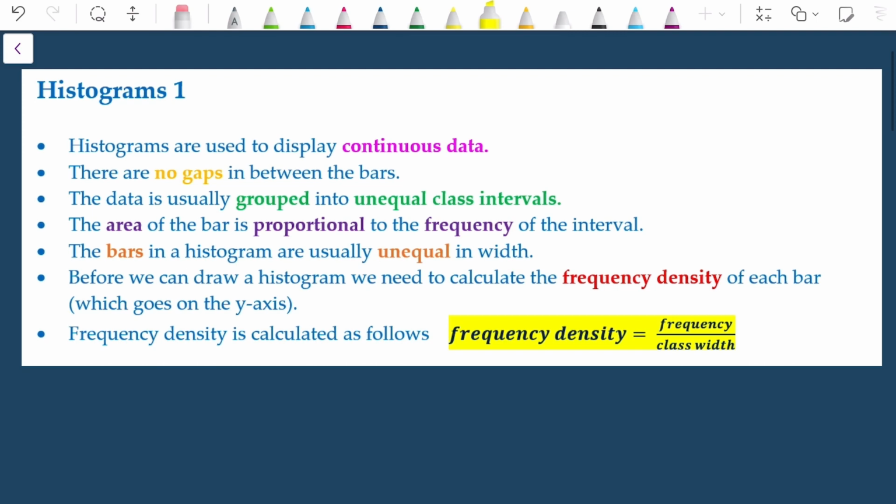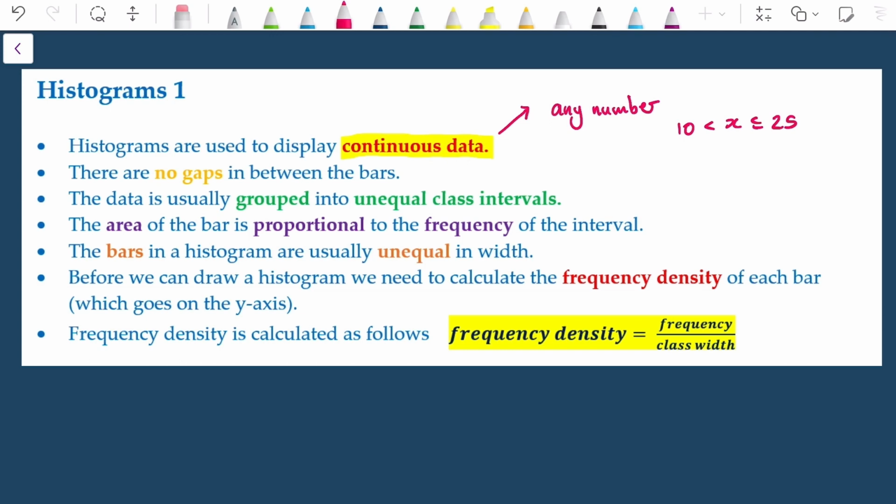Histograms are used to display continuous data. As we've discussed in a previous video, continuous data is basically data that can be any value, any number. We tend to display continuous data always in an interval. So you might have x is greater than 10 but less than or equal to 25.